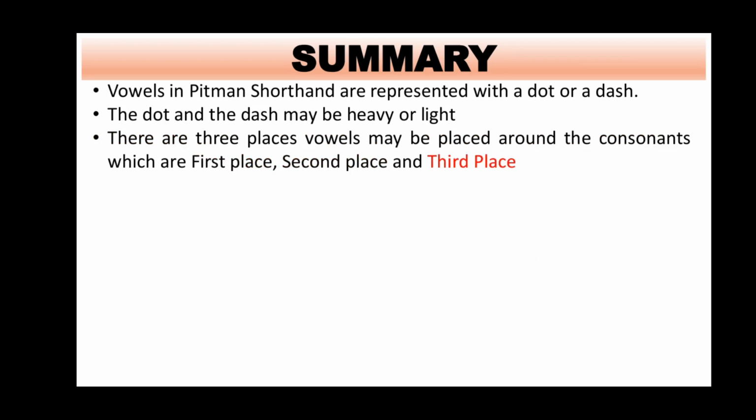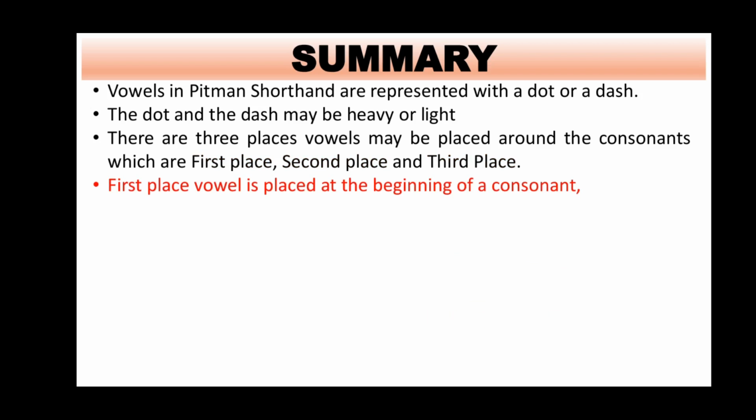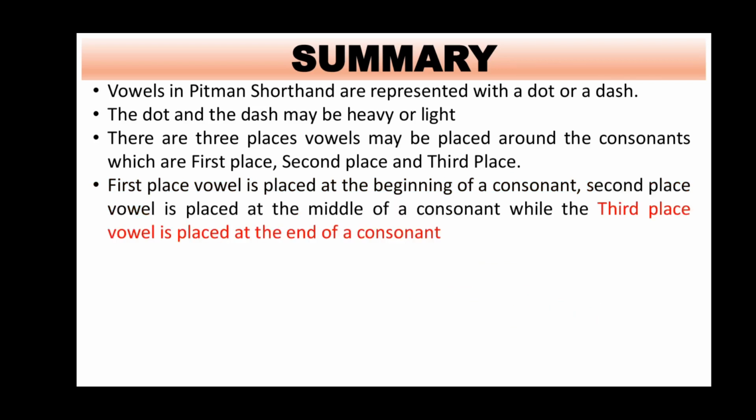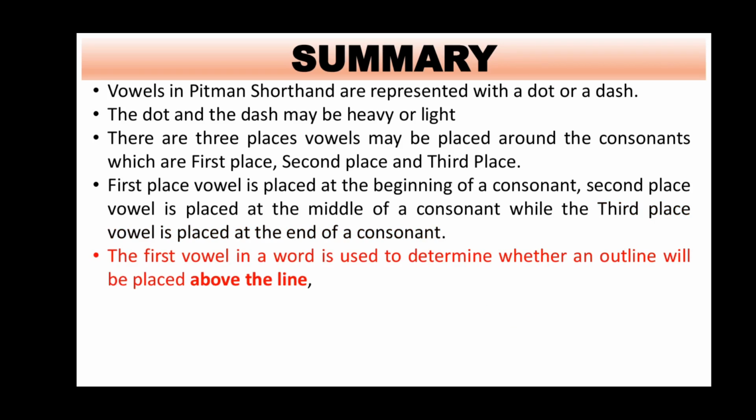If we are talking about the first place vowel, it is placed at the beginning of an outline, that is at the top of an outline, while the second place vowel is placed at the middle of an outline, while the third place vowel is placed at the bottom of an outline, that is at the end of an outline. That is how to identify the placing of vowels around the consonant.